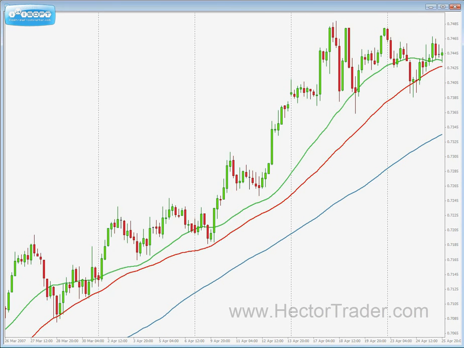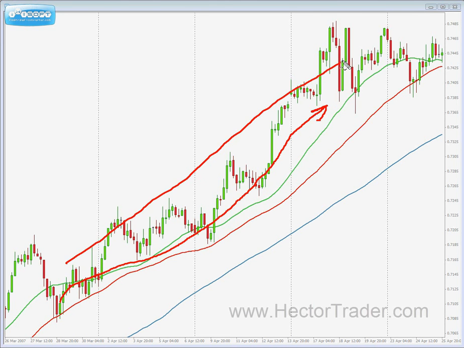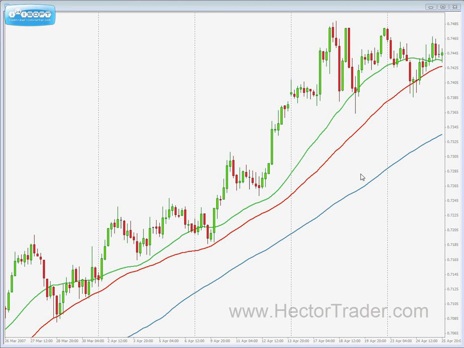Let's assume we keep riding this uptrend, searching for longs. Some trades will be losses, most of them will be winners, since we are trading in the direction of the main trend.